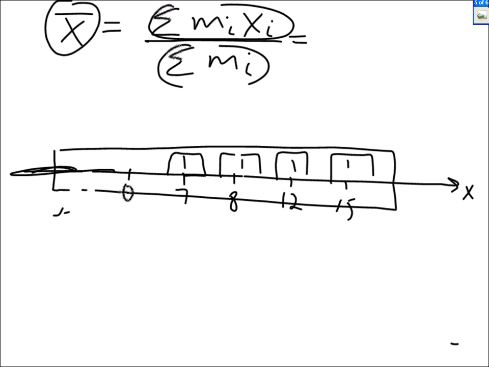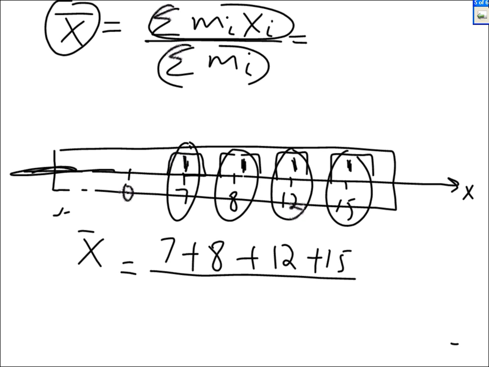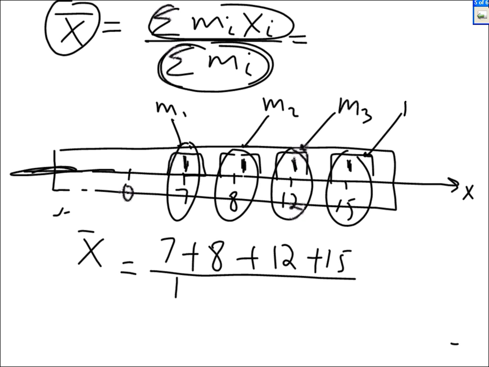The answer is very simple. You use the formula on top. You multiply those numbers, plus you multiply those numbers, plus those numbers, and lastly those numbers. Remember, the ones are the masses of the boxes. And x bar would be that divided by the sum of the m's: m1, m2, m3, and m4.